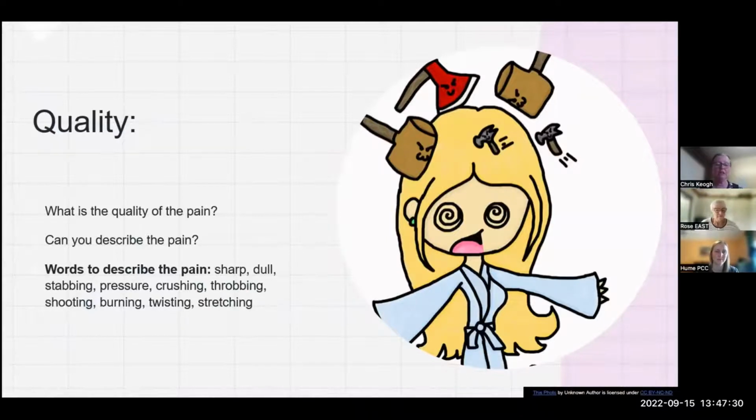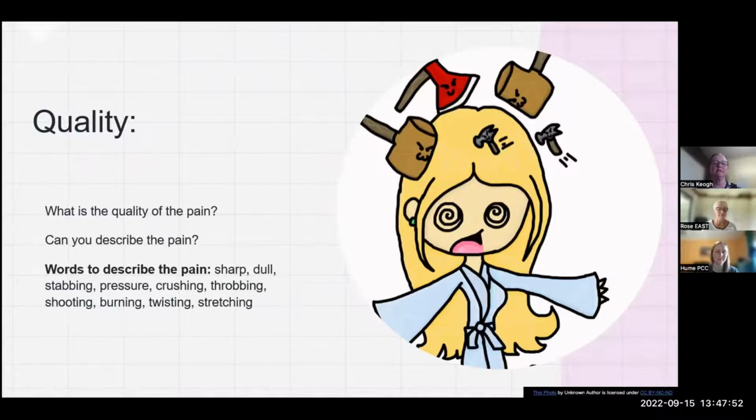Does it feel like pressure? Is it a crushing pain? Is it a throbbing pain? Or if we're looking at those neuropathic pains, a shooting or burning pain, or a twisting or stretching. There are a lot of words to describe pain, and that sometimes gives us a pretty good idea of what the cause might be and what might help it.